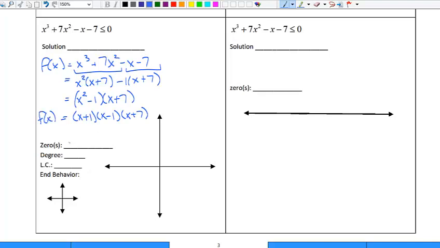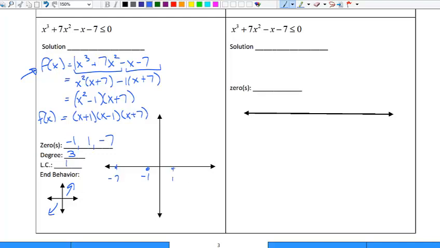That tells me that my zeros are at -1, 1, and -7. Using the original function, my degree is 3, my leading coefficient is 1, there's a 1 in front. With an odd degree and a positive coefficient, it's down to the left and up to the right. I'm going to plot my x-intercepts, or my zeros.